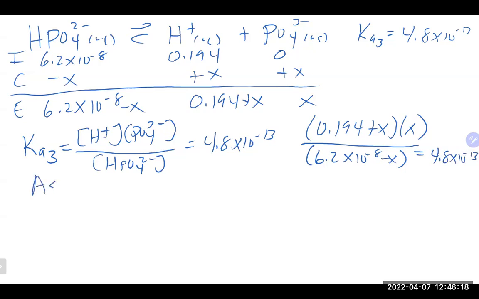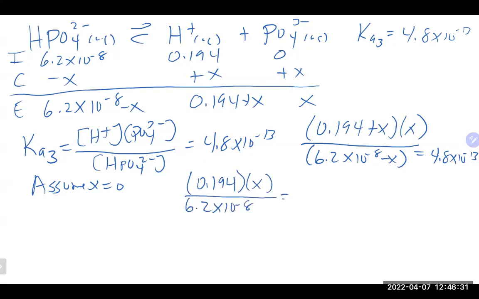I'm not going to stop now. We'll assume x is equal to 0 one more time for good measure here. 0.194 up on top times x divided by 6.2 times 10 to the minus 8, or 4.8 times 10 to the minus 13. We're going to multiply that to the other side and then divide by 0.194.